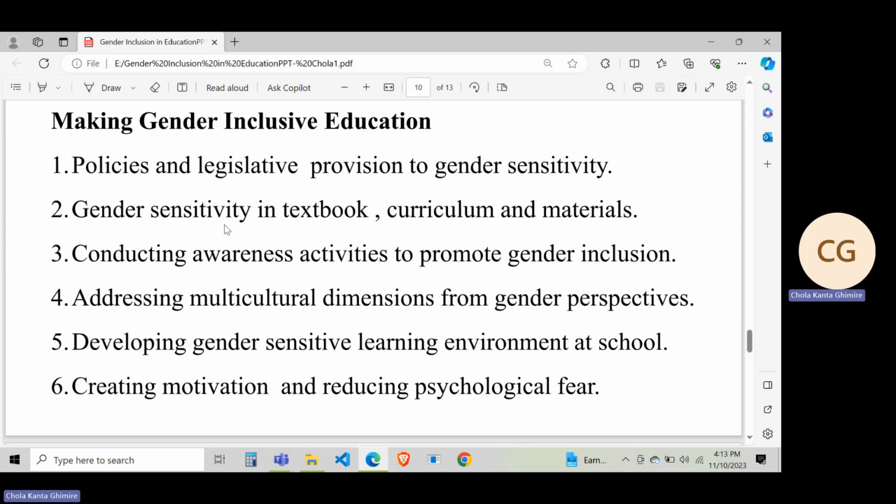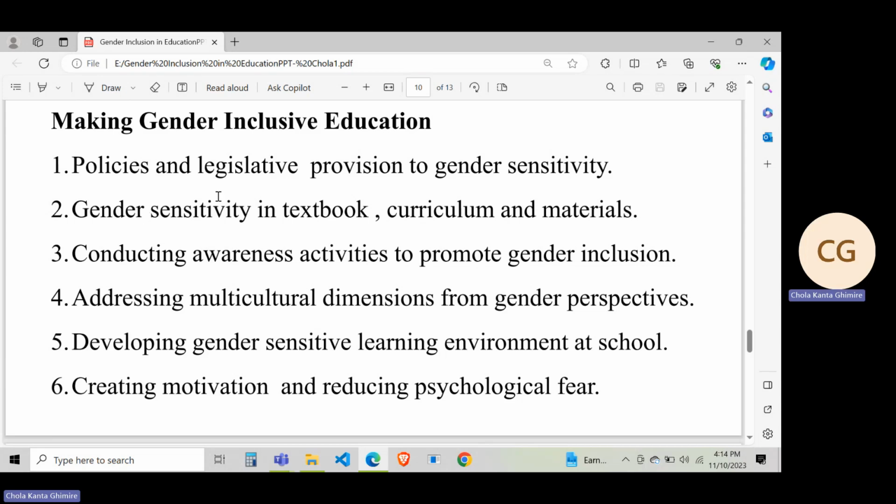Second, gender sensitivity in textbooks. We give the same textbook to boys and girls, but there are different types of writing, different figures, and different examples that touch on sensitivity in terms of gender.